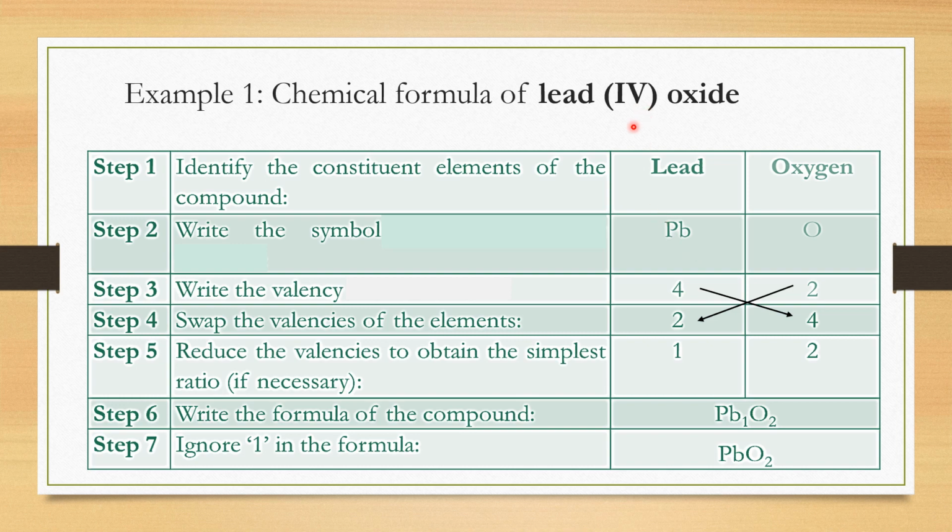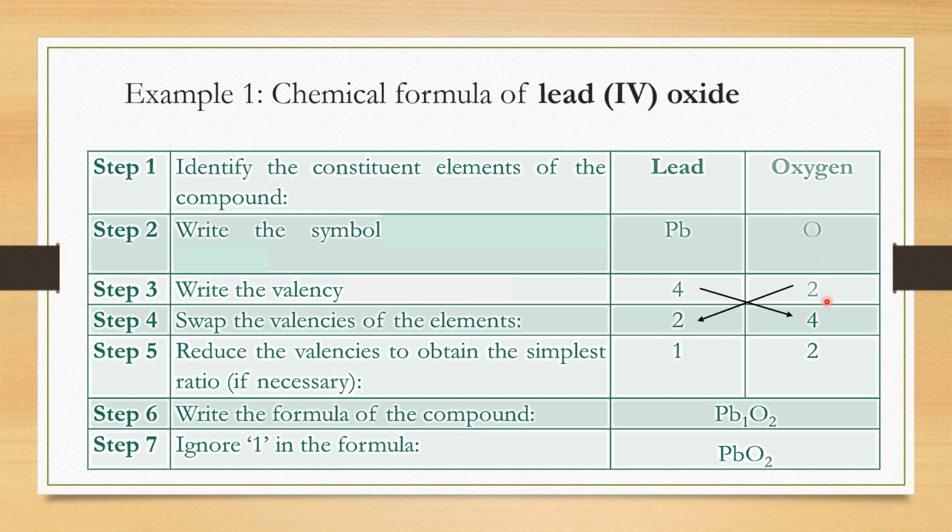The Roman number between brackets indicates the valency of lead in this particular compound. This Roman number 4 shows that the valency of lead is 4 in lead 4 oxide. The valency of oxygen is 2.